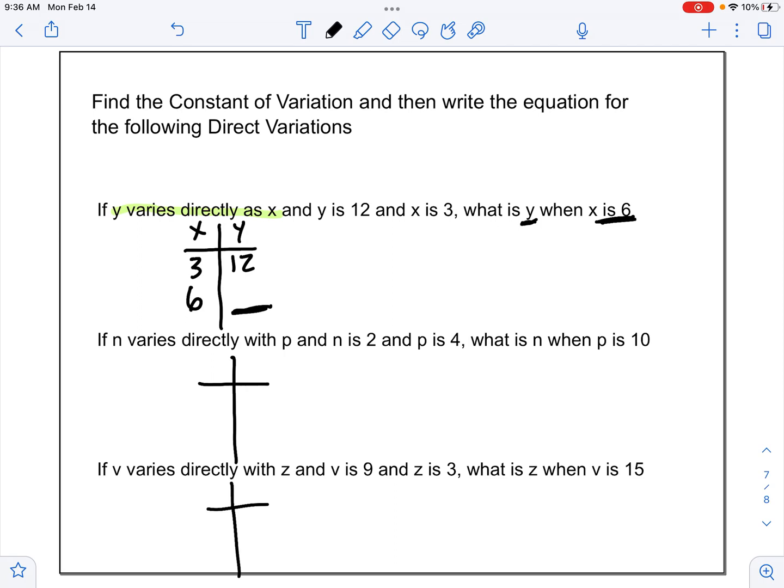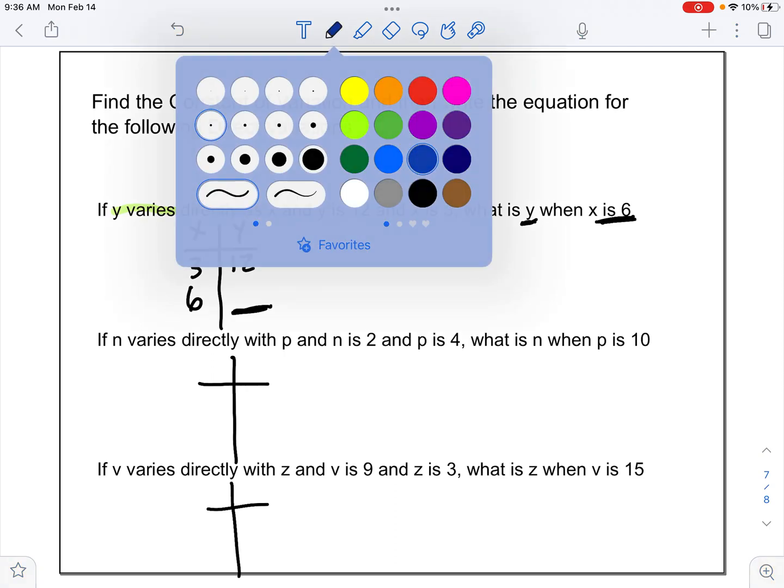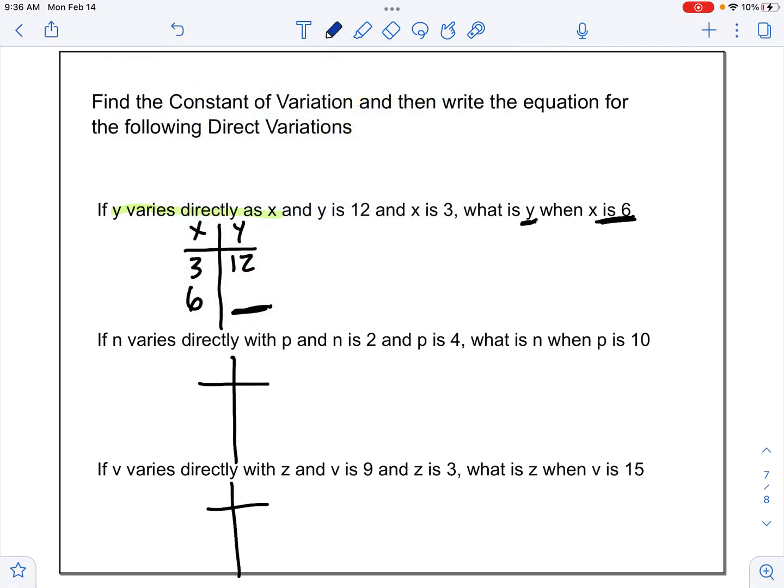So I'm looking for my y. Because I know they have direct variation, I can just look at what my k value would be. My k value is 4 because I multiplied 4, which means my equation is y equals 4x. So when I multiply 6 by 4, I get 24.